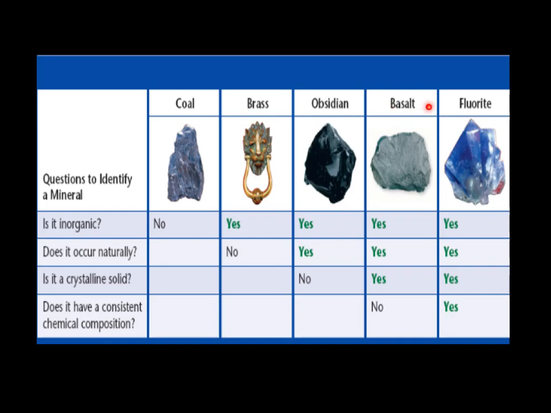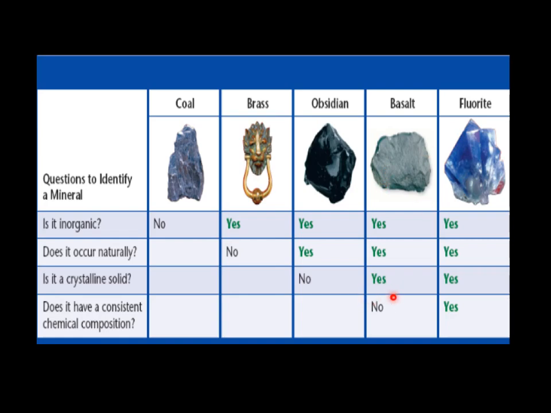The next one is basalt. Chemically very similar maybe to obsidian sometimes. Sometimes it's not. Basalt, we've dealt with this rock before. We know it makes up the oceanic crust. It's inorganic. If it's the oceanic crust, it's in nature. Is it a crystalline solid? Yeah, you can actually break it up, look at a really thin slice under a microscope, see crystals.